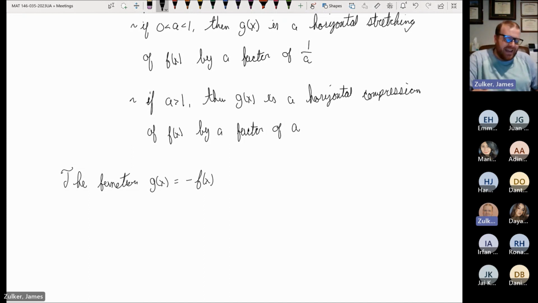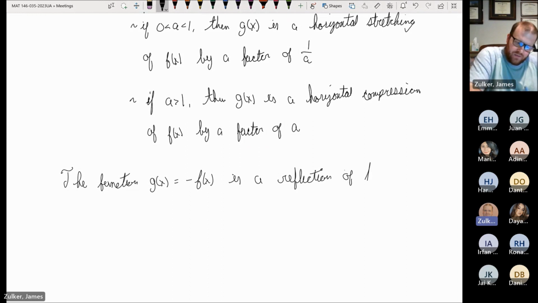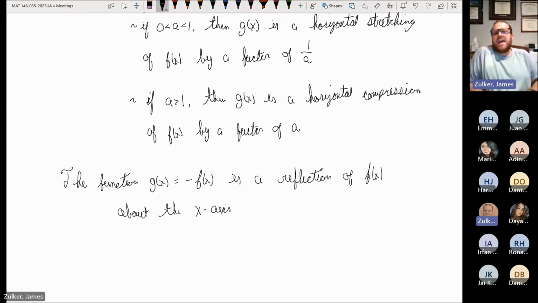The function negative f of x is a reflection of f of x about the x-axis. In other words, it is a vertical reflection.